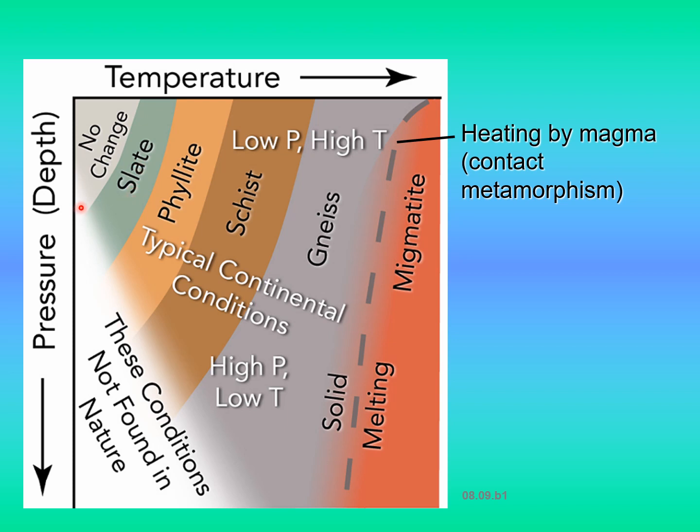Slates like to form at lower pressures and at certain temperatures. And if a rock is deep and at this temperature here, it'll start to form a slate. Whereas if it's at a lower depth or a higher level in the crust, it takes more heat to get it to a slate. So hopefully that makes sense.